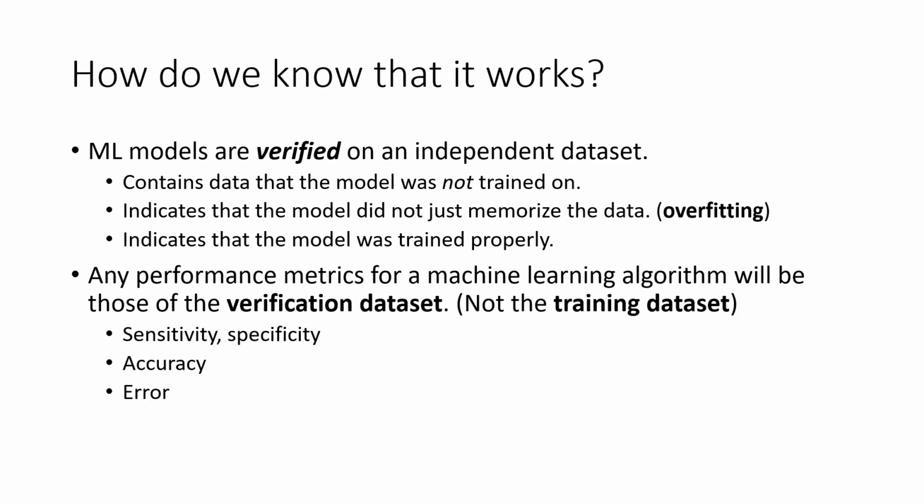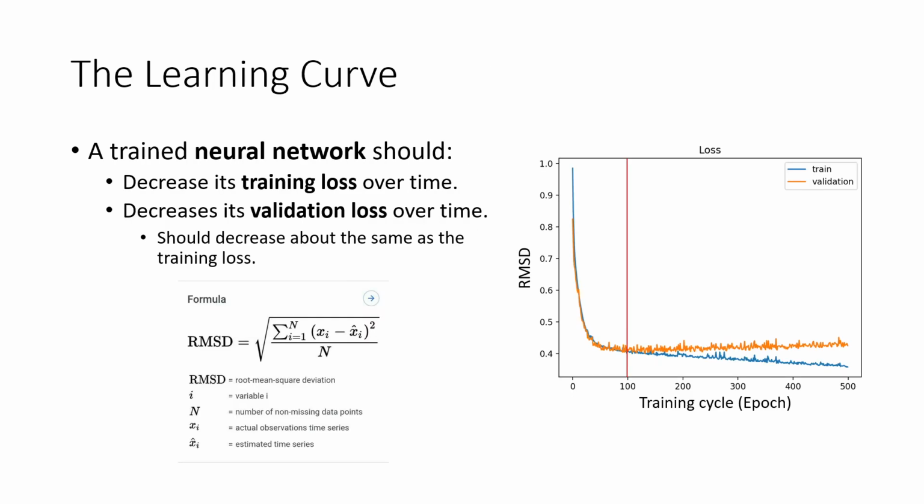This ensures that the model actually learned something and did not simply memorize all of the data in the training set. Now to the right, we can see a graph of the RMSD, which is just an error metric, versus the cycle of training. A higher RMSD indicates worse predictions, while a lower RMSD indicates better predictions.